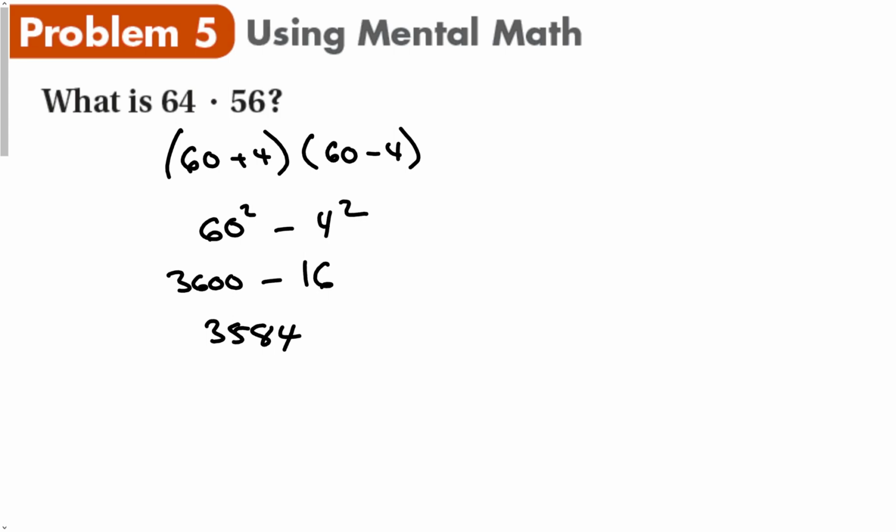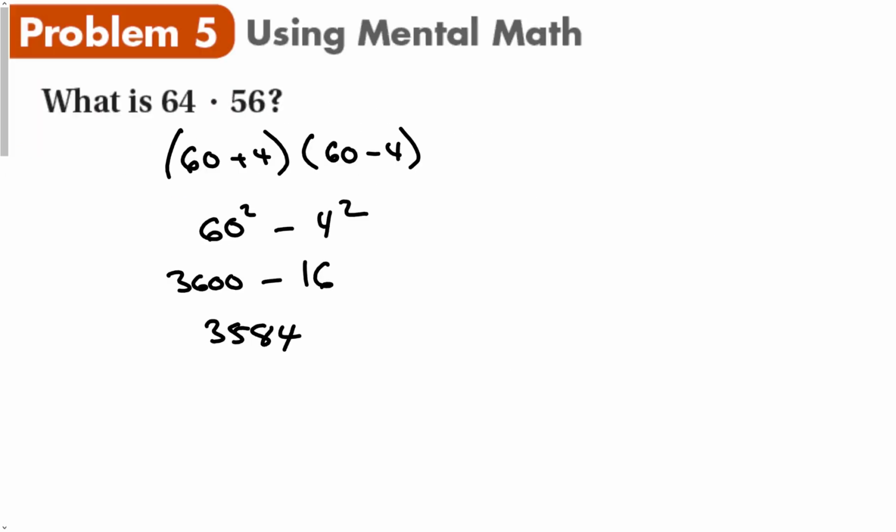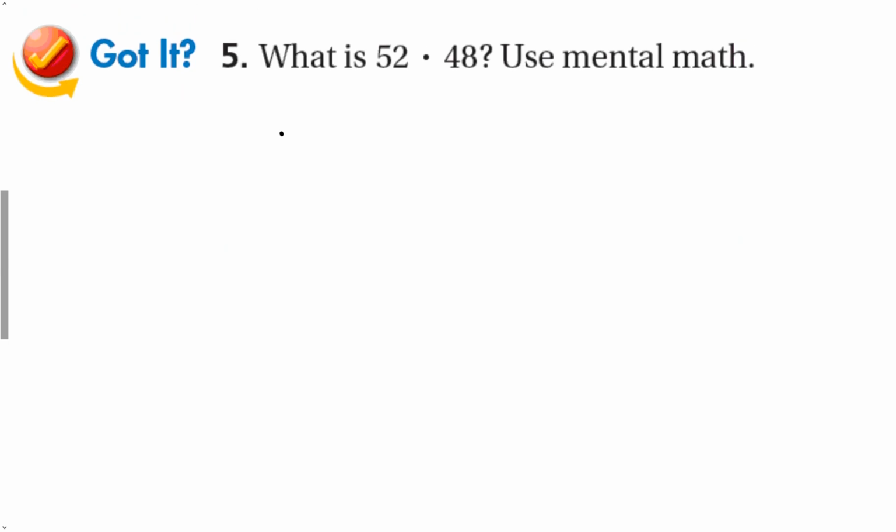Okay. This works with any two numbers as long as they have an easy number to square directly in the middle of them. Like on our got it problem, 52 times 48. This is going to be 50 plus 2 times 50 minus 2. 52 times 48.